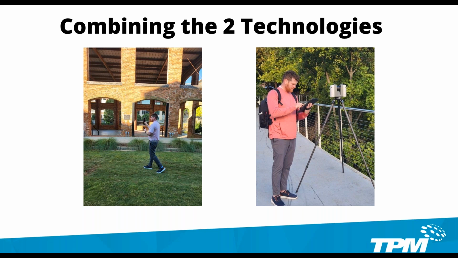medical facility that's got lots and lots of little rooms. With an RTC or any other terrestrial scanner, you're going to have to set up in the hall, then you're going to have to set up in the door and do another scan in the door, then you're going to have to do at least one scan in the room.